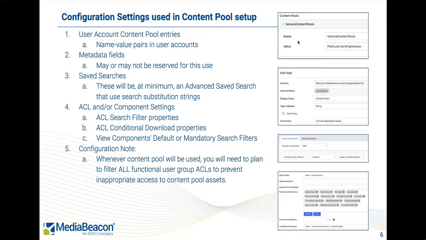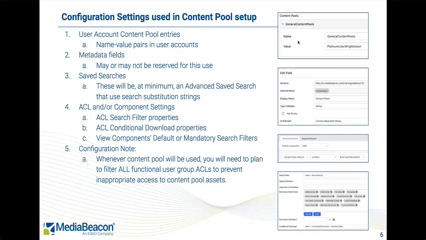It's more of a handle to use in something that's called a search substitution string, which we'll talk about in a little bit. The value is really the important part. That is what identifies the pool. I'm using some very arbitrary, code word-like values that are just unique.